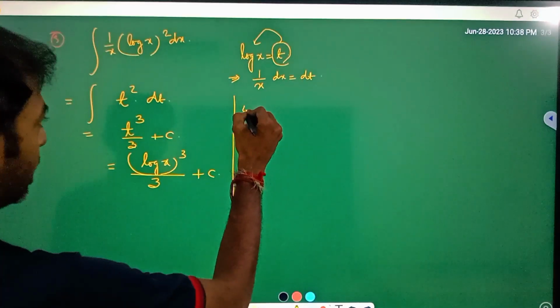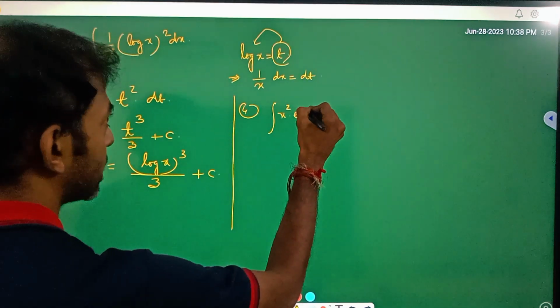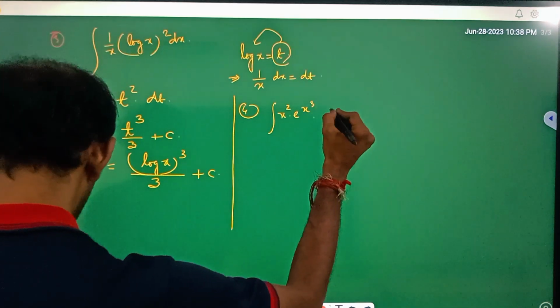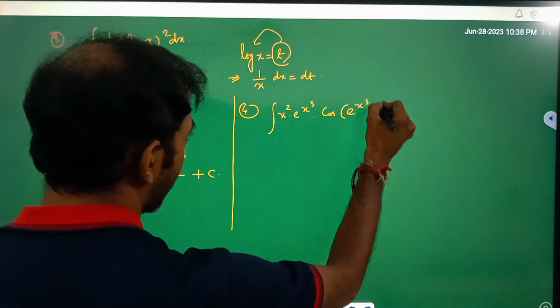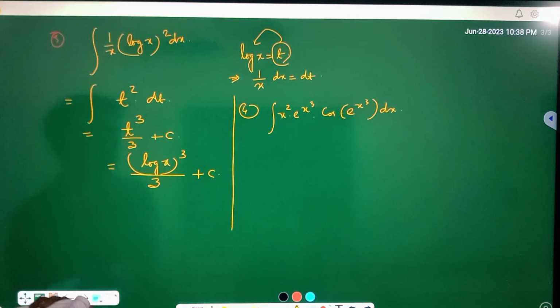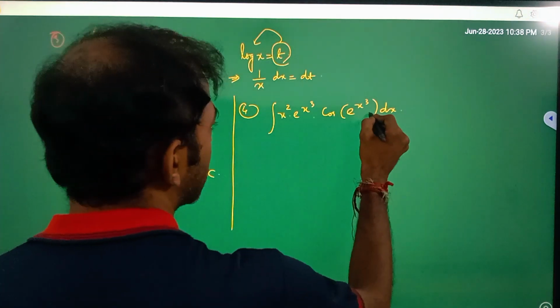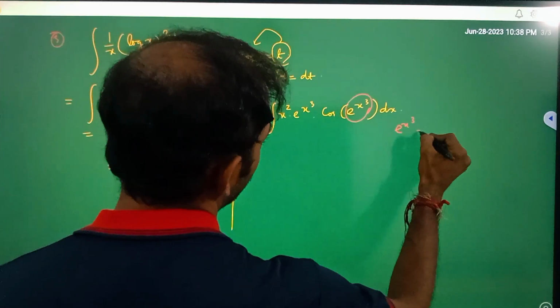Our fourth problem is integration x square e power x cube into cos e power x cube dx. Now what will be the procedure here? Actually we need to substitute this one, e power x cube, as t.